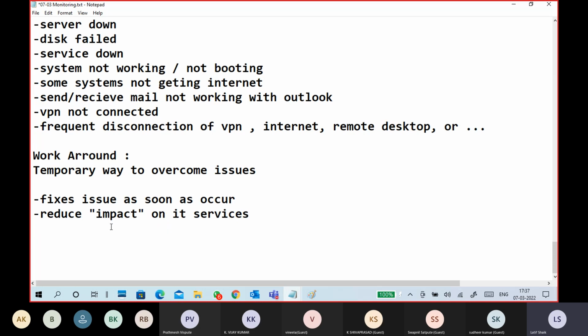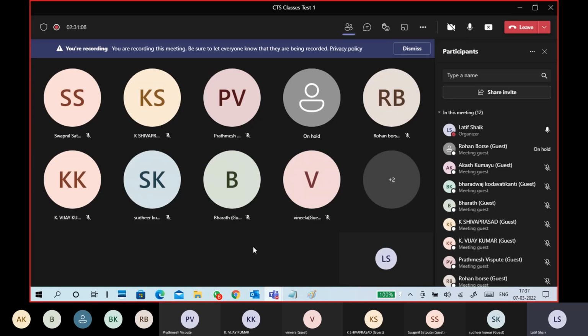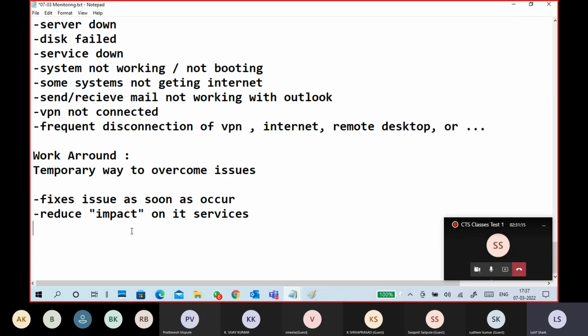Why is impact important? Think like this: the internet is not working for one person. For example, Bharat's internet is disconnected. How many people get a problem? Only Bharat, only one, because Bharat cannot attend the class.